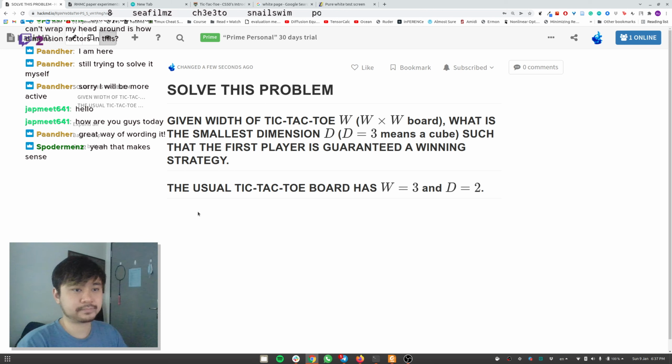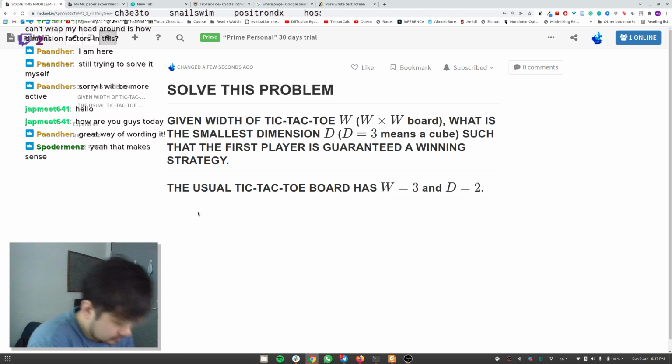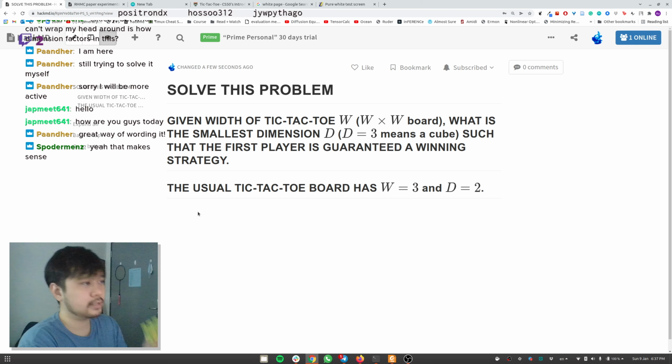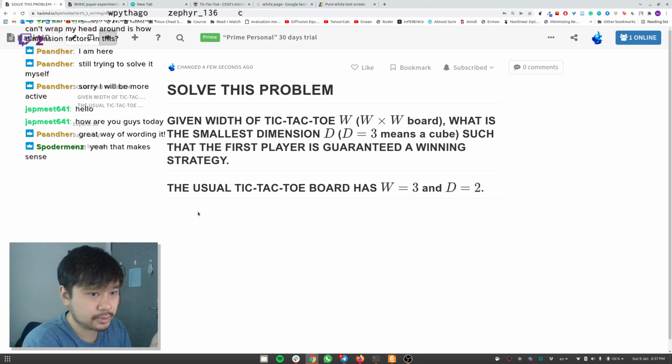Okay, so my theory is that the dimension tells you how many rows you can add scores to.